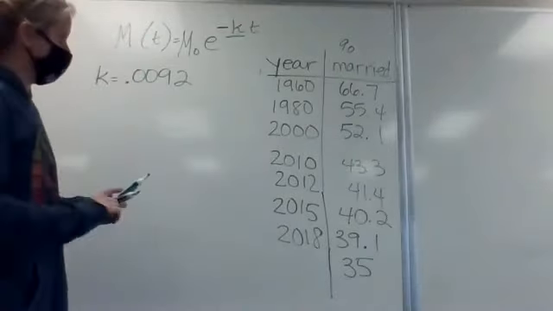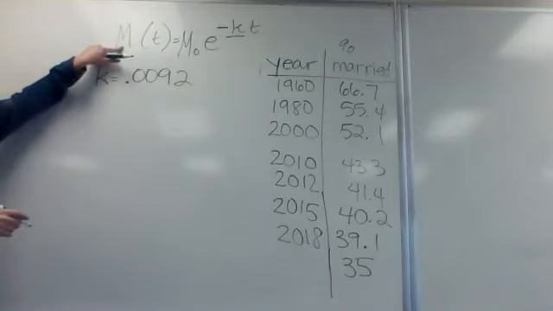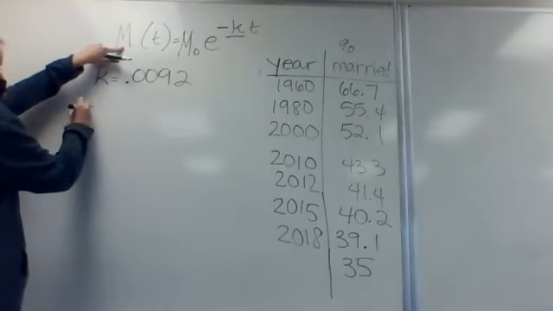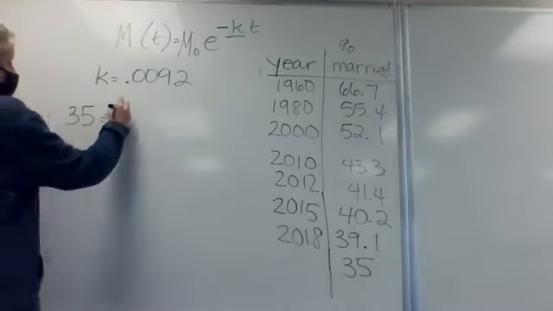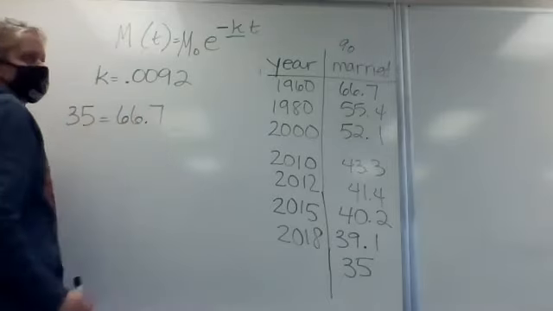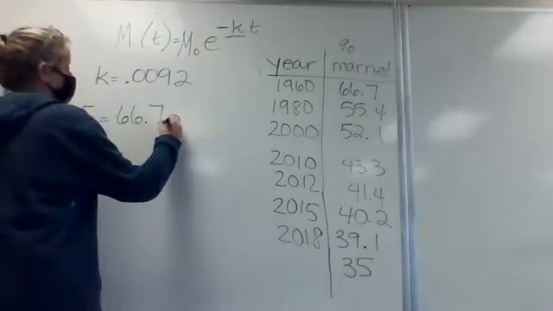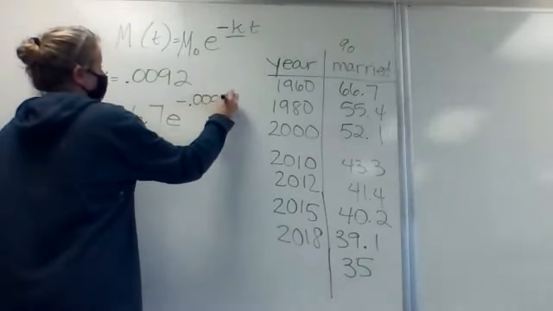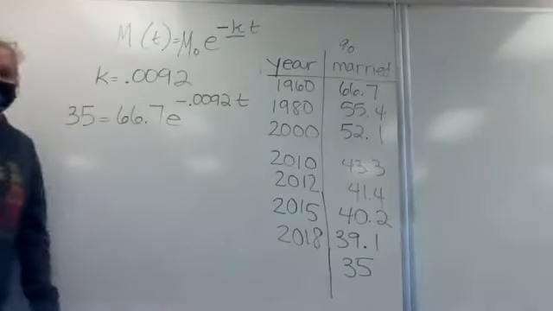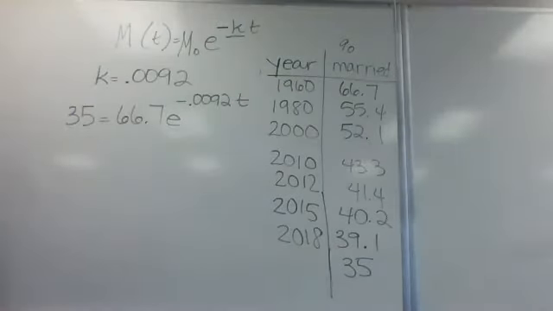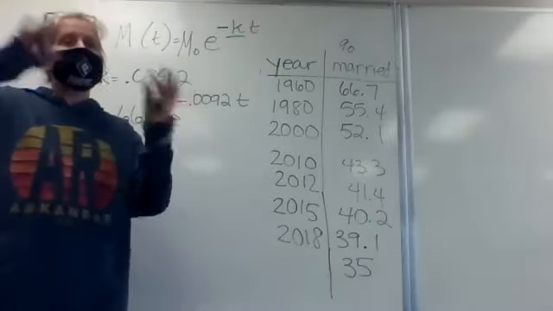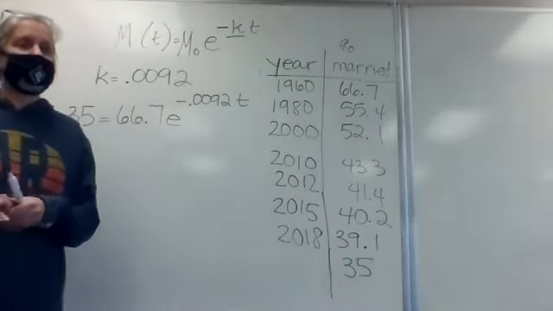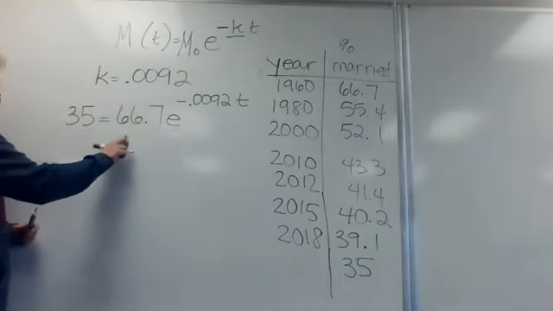So I know the end amount now, which is always what's in this position, which is 35. The beginning amount is 66.7 e to the negative 0.0092 T. So again, anytime you're solving for a variable that's in the exponent, you are going to ln both sides at some point, but always get rid of what's here first.